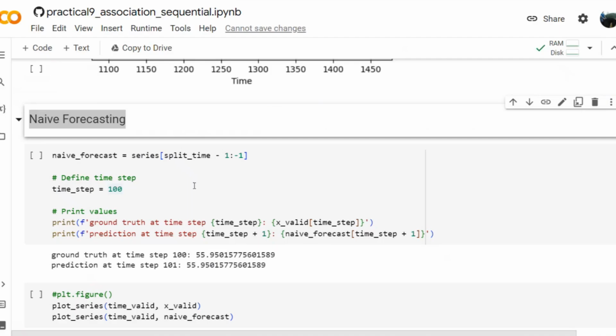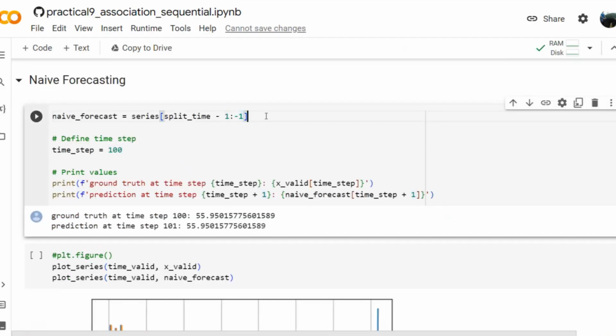Now, if you apply naive forecasting, as you notice, it's only this line, where we assume the forecasted value is going to be the previous value. This is why we took split time, because we are interested only in the validation set. But the point is we took -1.